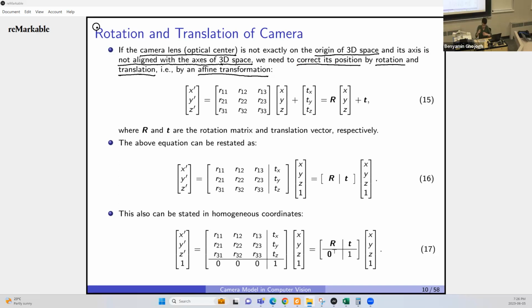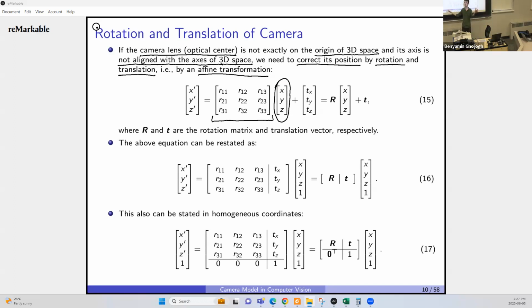Okay. You will see later what an affine transformation is, but whenever we have a combination of rotation and translation, we call it an affine transformation. Okay. So here I have x, y, z, but I multiply it by a rotation matrix. This is the rotation matrix, and small r's stand for its elements, R11 to R33. Why is it 3 by 3?